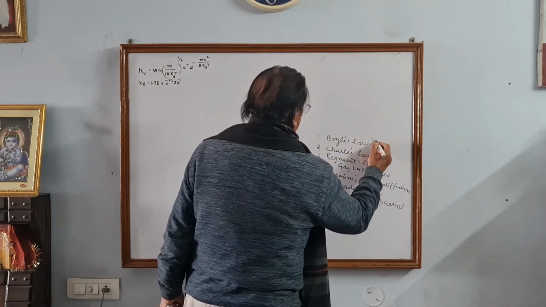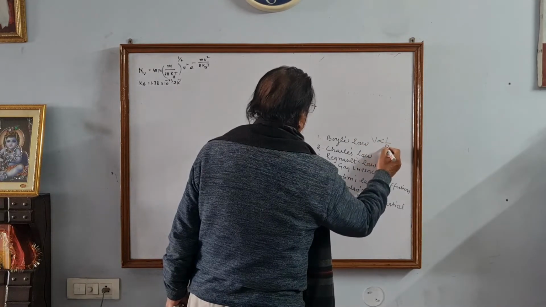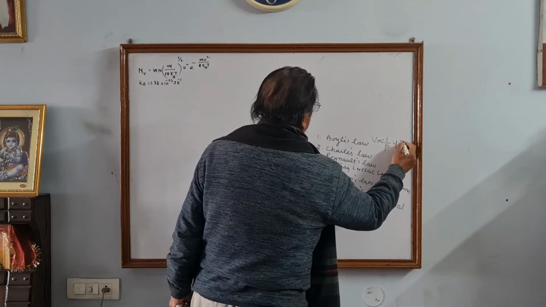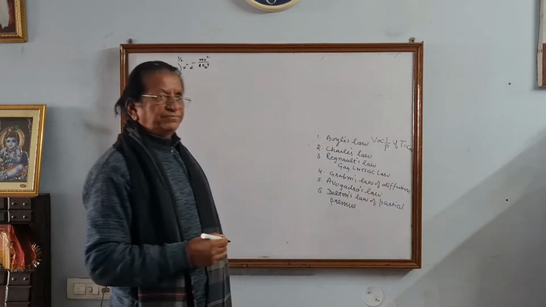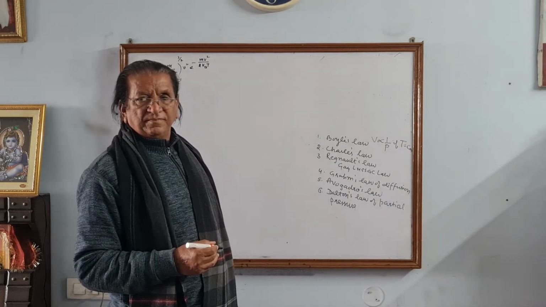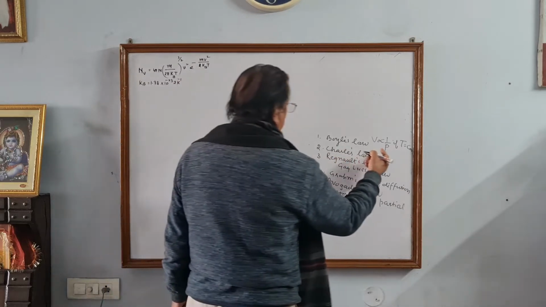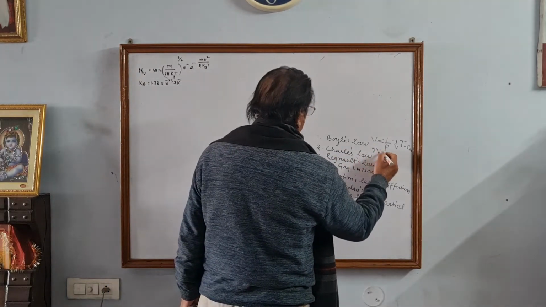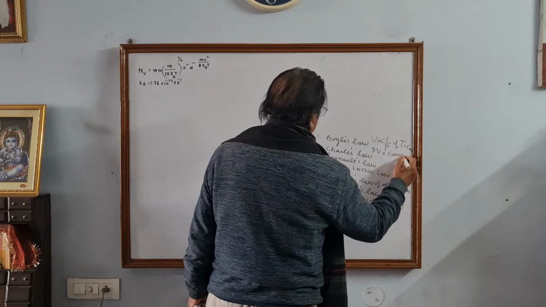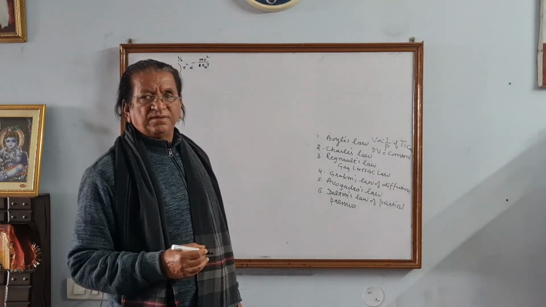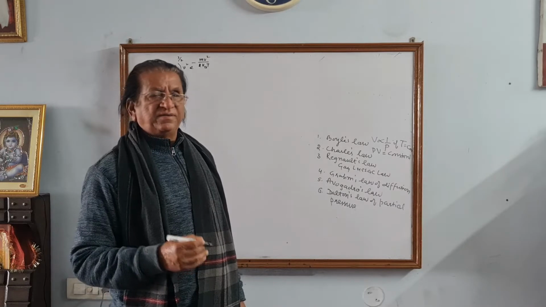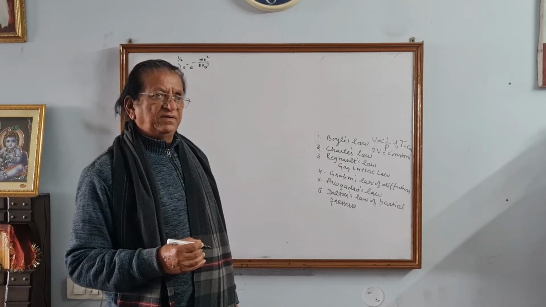Mathematically, volume is inversely proportional to pressure if T is constant. Or you can say P into V is equal to constant. The product of pressure and volume of a gas at constant temperature is constant.